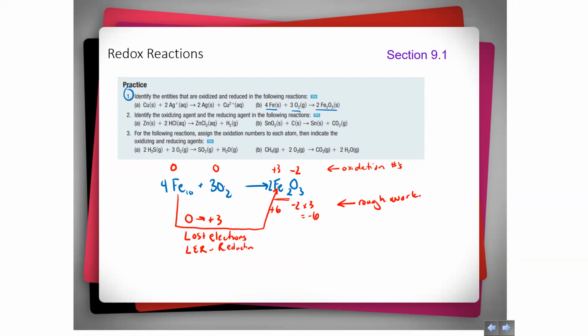On the other hand, oxygen went from 0 to -2, got more negative. It gained electrons. Oh my gosh, listen to me. Lose electrons, oxidation. Lose electrons, oxidation. This is oxidation. I'm sorry.